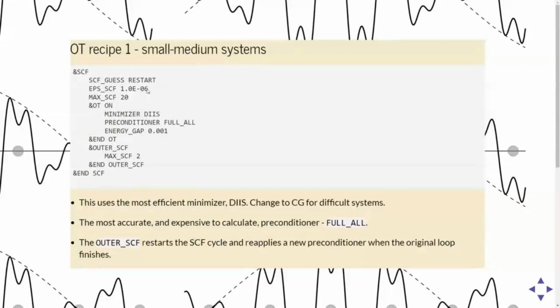But check that the energy of the system is only changing by very small amounts. So about 20 to 30 SCF cycles in the inner loop. There are these settings for the OT. I would say these are fairly sensible for small systems. And then the outer loop, you don't want to do more than 1 or 2. If it's not converging after 1 or 2, it's probably a problem. Probably your system is metallic.